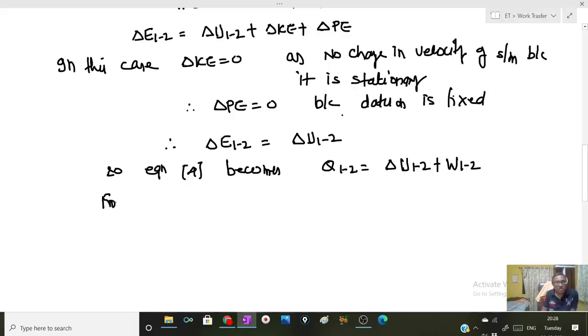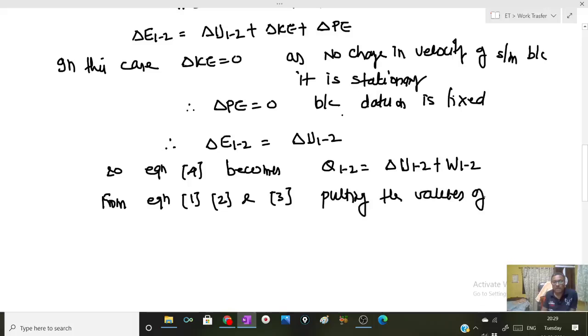Now in this equation, from equation 1, 2 and 3, putting the values of Q12, delta U12 and W12.